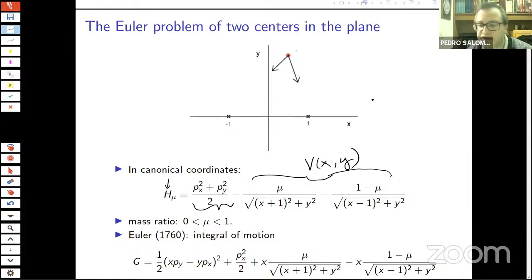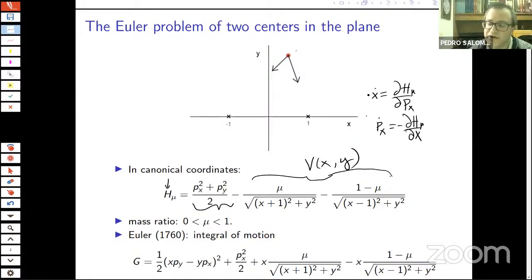Then we just have to integrate Hamilton's equations associated to this Hamiltonian function, which are x dot equal to dH/dpx, px dot equal to minus dH/dx, and the same for y.